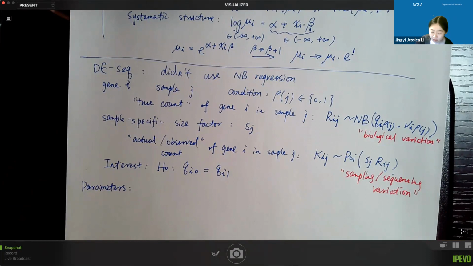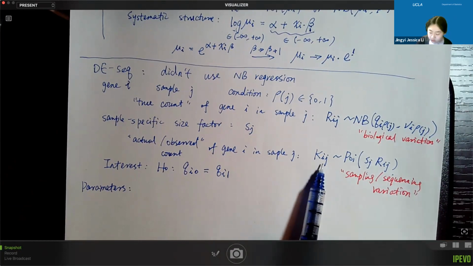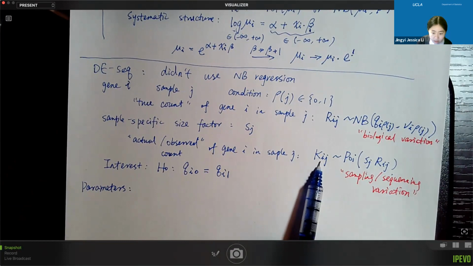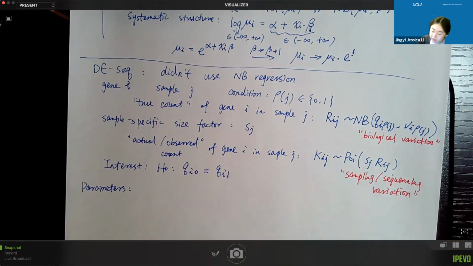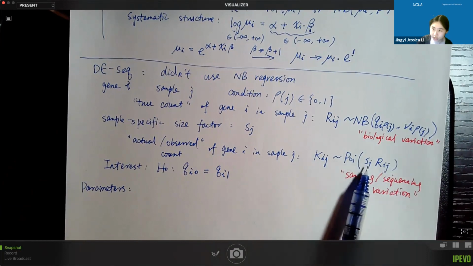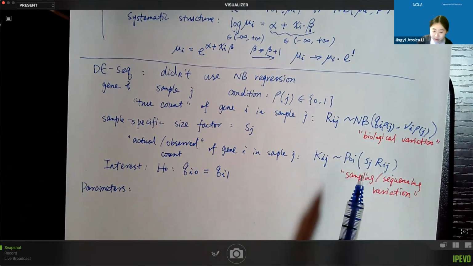So the first thing the authors assume is that if I have different J's for the same gene I, then they can estimate this Sj, the size of sample J, by pooling genes together.